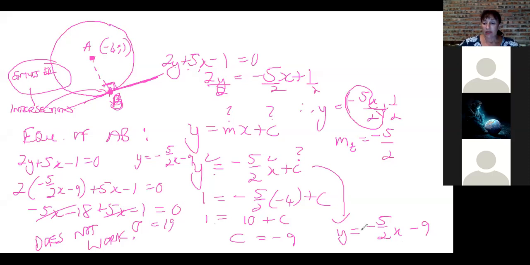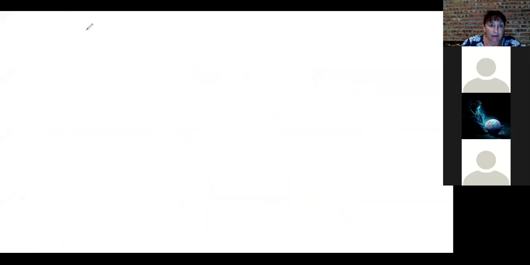Okay, now another thing that I'd just like to point out is the following. If I have two circles and they touch each other, they touch each other only at that one point.